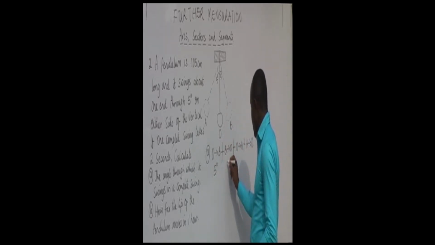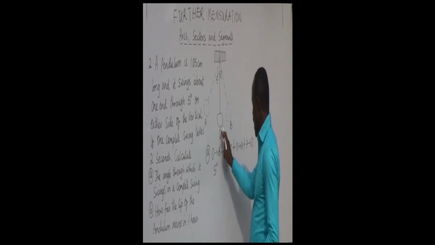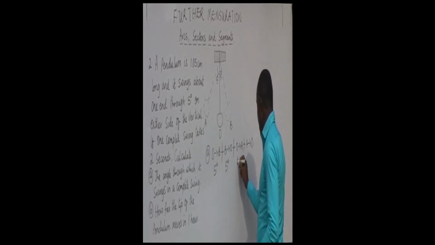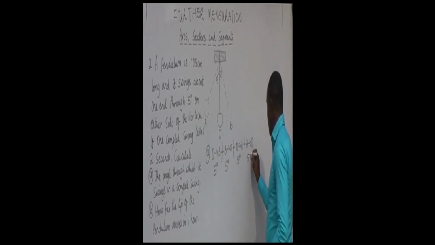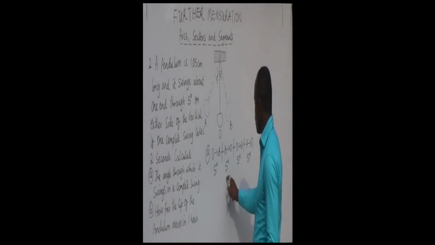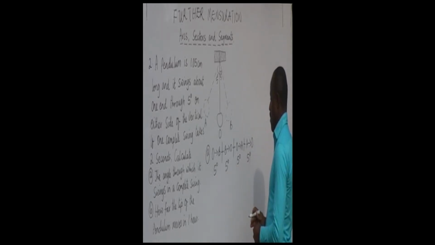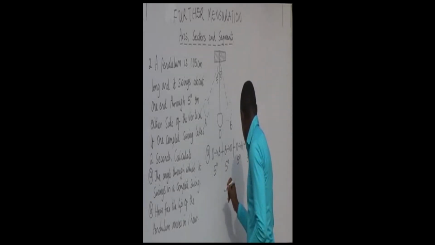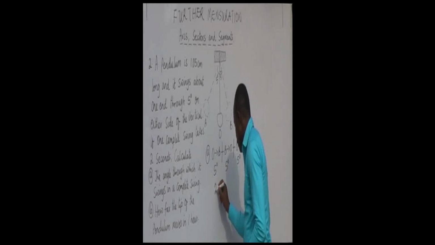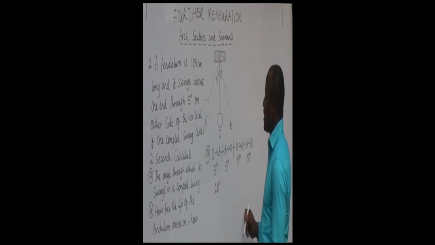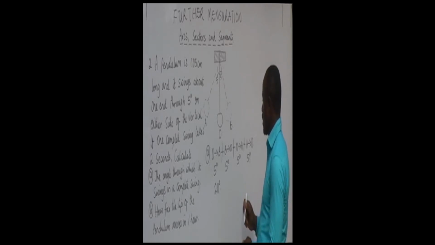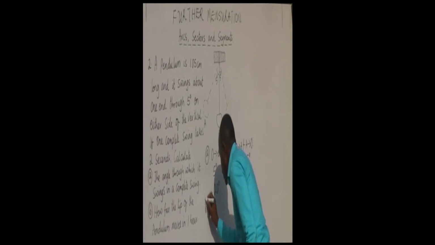B back to O is another 5 degrees. O to A is another 5 degrees. And A back to O is another 5 degrees. That means we have 1, 2, 3, 4 times 5, which will give us 20. That means there is 20 degrees in one complete swing.